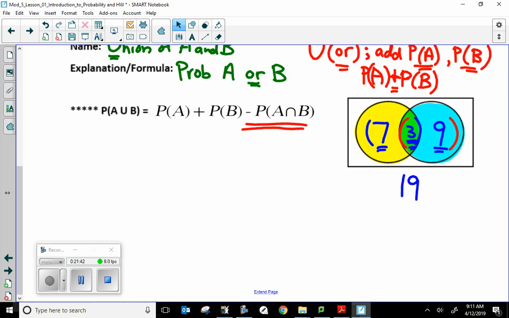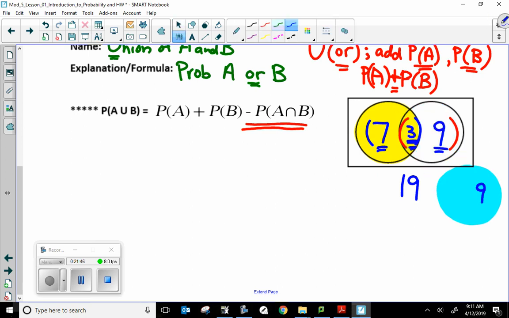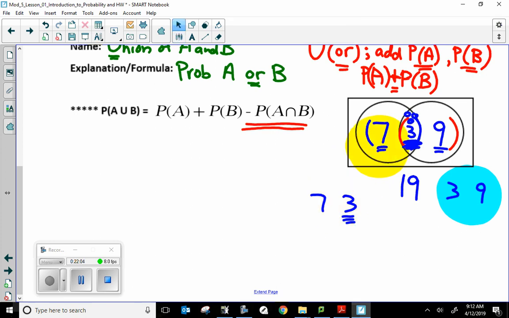If I take this out and count the 3 here, and I take this out and count the 3 here as well, now I'm counting the 3 twice. I can't double these kids. If I had 3 children that were taking 2 sports, I don't count them as 6 children. I only count them as 3 children. I would only have 19 here. So you see how that 22 would totally throw you off?